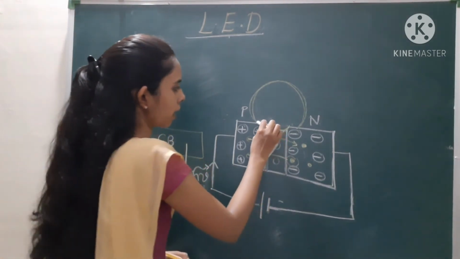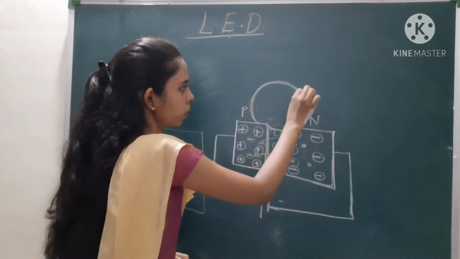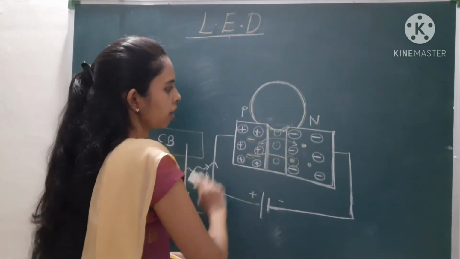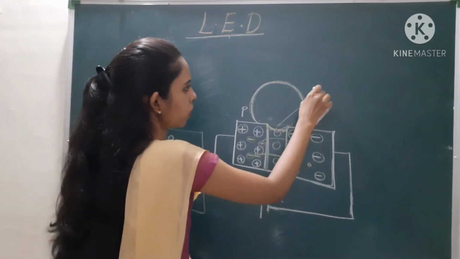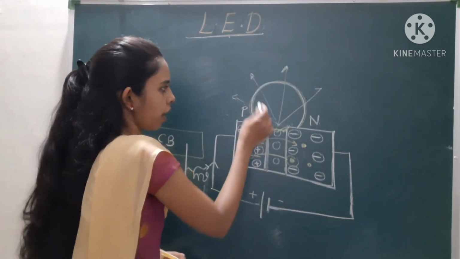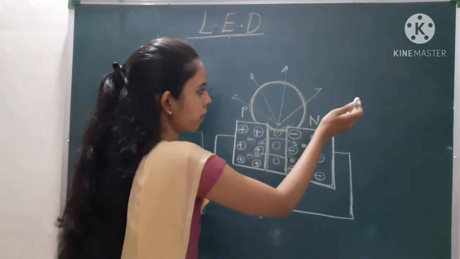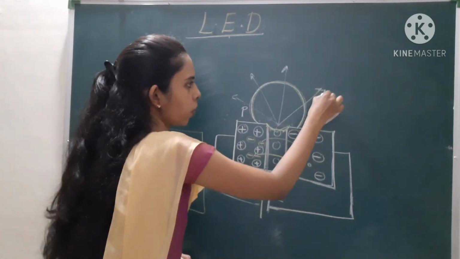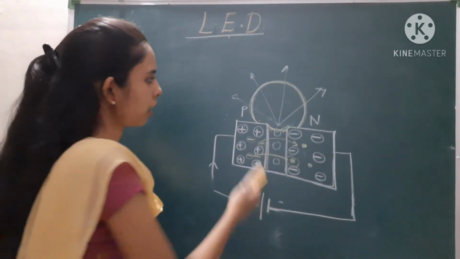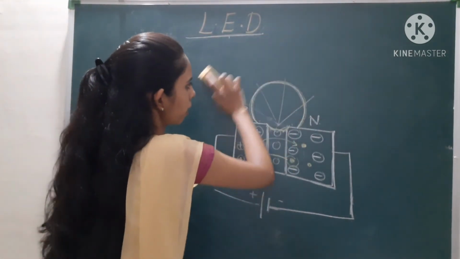If I attach a dome shaped transparent material on this junction, then this light is going to distribute in all directions, and once the light is reflected, it is not going to come back towards the junction.